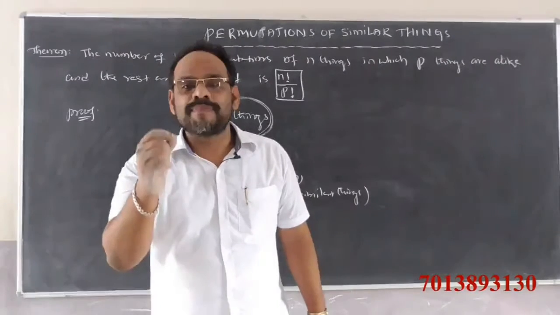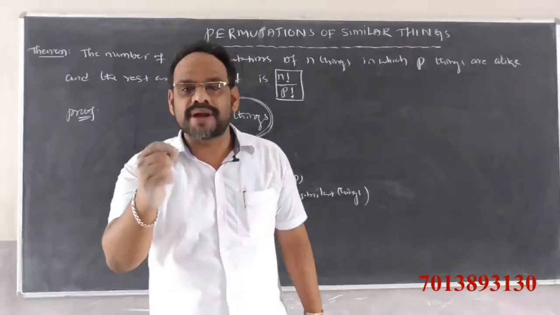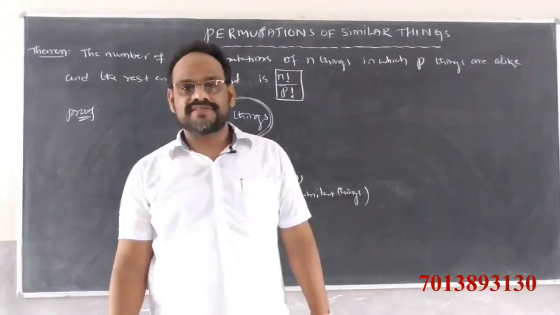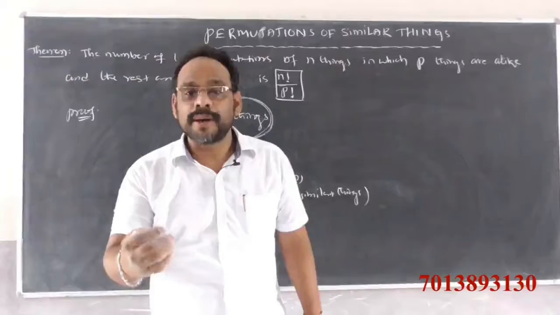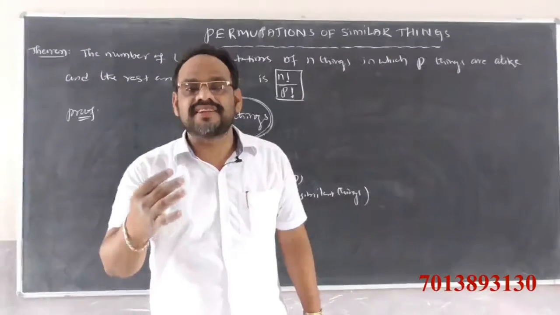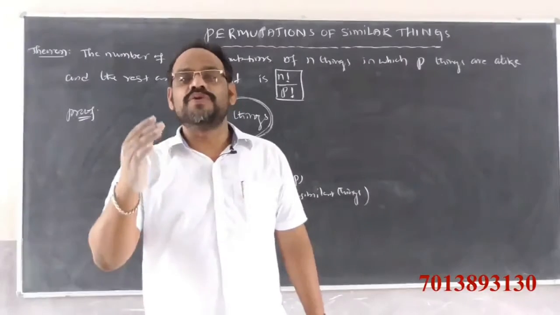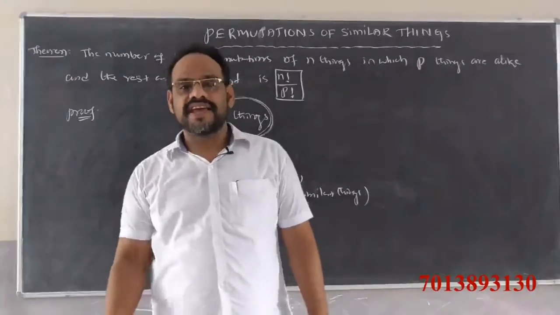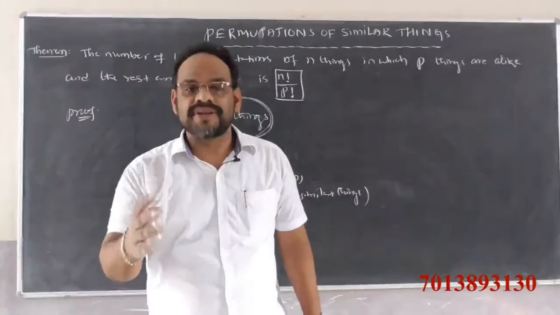Thus a single permutation gives rise to p factorial permutations. Hence the k permutations give rise to k into p factorial permutations.